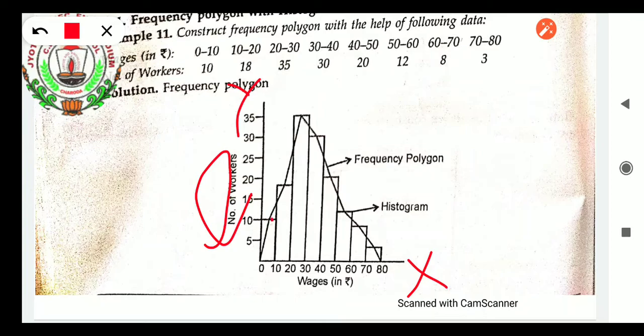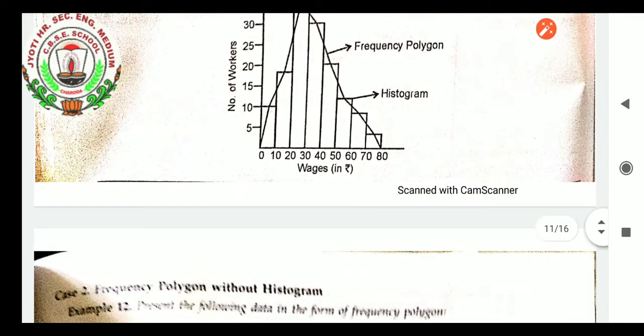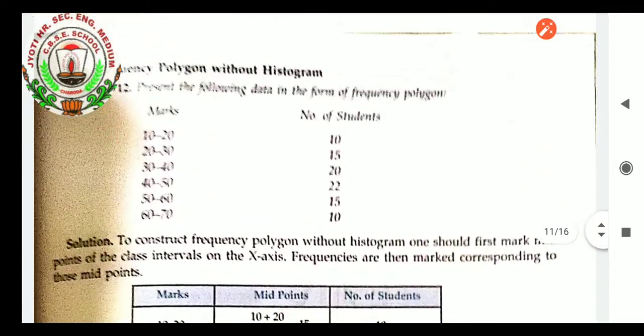So here 10 is the point. Then 10 to 20, how many workers are there? 18 are there. So here the point is marked. These points in the graph we will connect, and this is the frequency polygon. Frequency will be shown in the histogram. Okay, so this is the frequency polygon, and in between is the histogram.